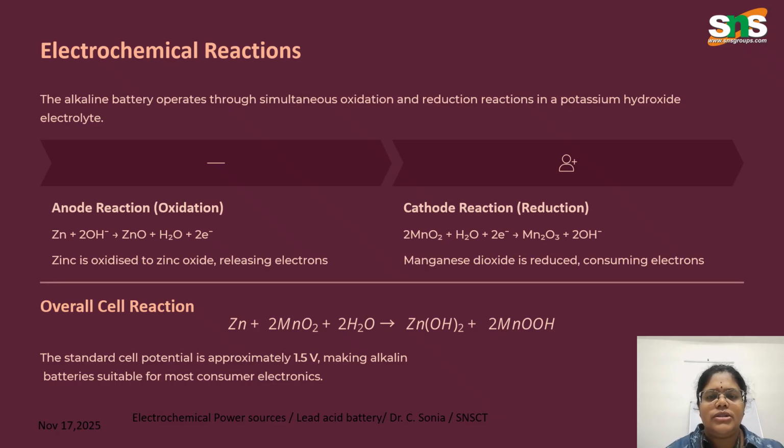At the cathode, manganese dioxide is reduced, consuming the electrons released during the oxidation reaction. The overall cell reaction is zinc plus manganese dioxide giving zinc hydroxide. The standard cell potential is approximately 1.5 volts, making alkaline batteries suitable for most consumer electronics.